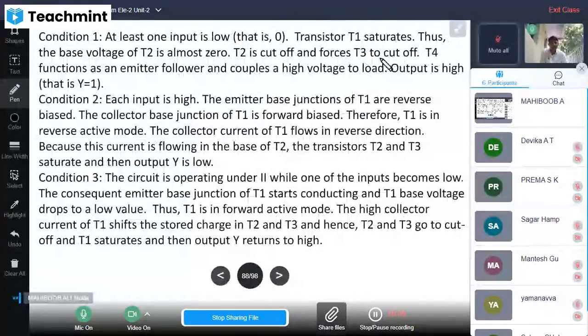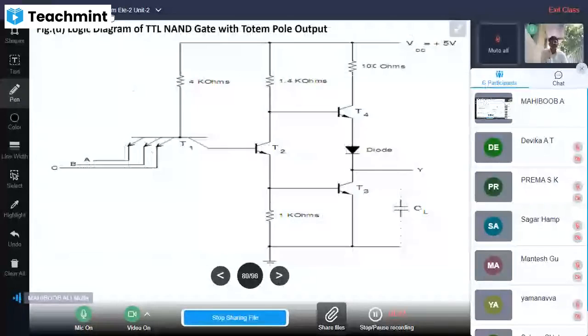So T3 is cut off, T4 functions as an emitter follower, voltage to load, output is high, that is Y equals 1. Similarly, in condition 2, each input is high. Go through the literature. So it works accordingly. Anyway, it is a NAND gate, not an AND gate.